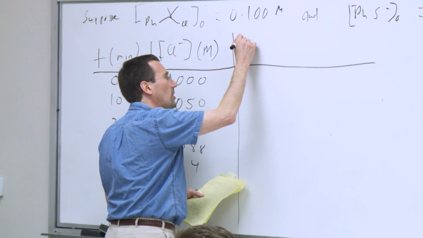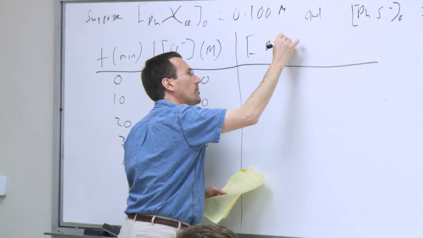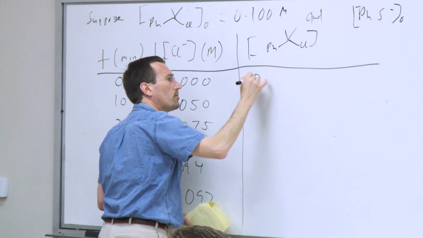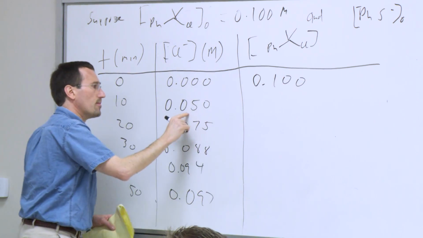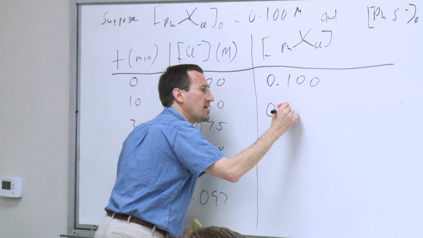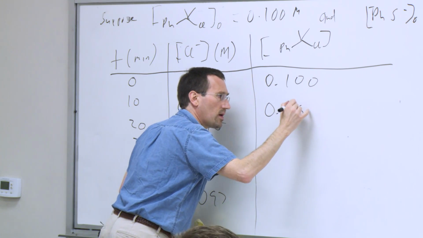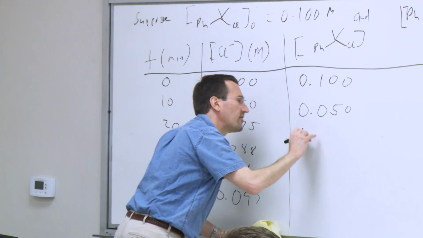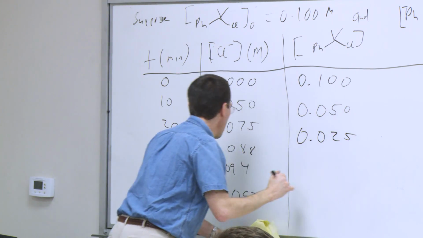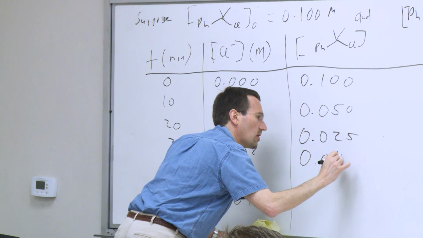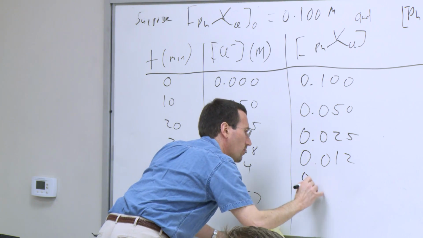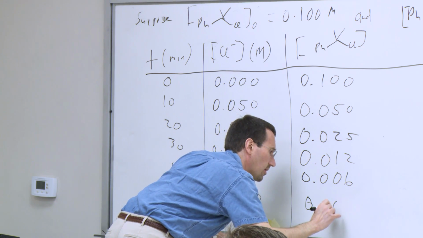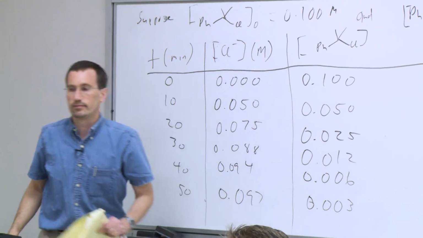So we would calculate that our concentration now was equal to 0.100, and then 0.100 minus 0.050 is 0.050, and 0.100 minus 0.075 is 0.025, and then we go 0.012, and we go 0.006, and 0.003.